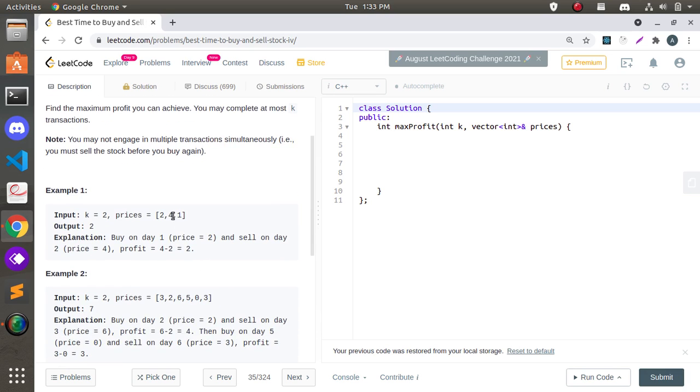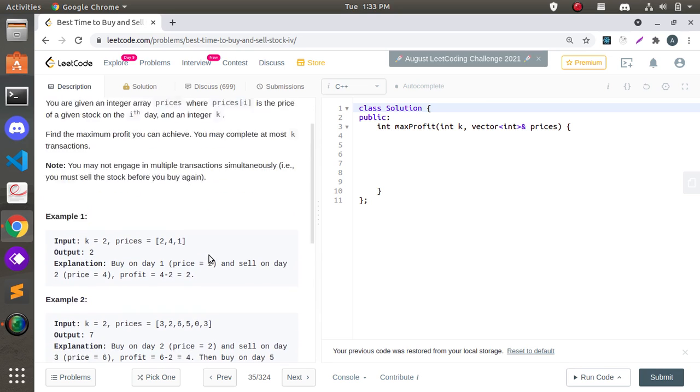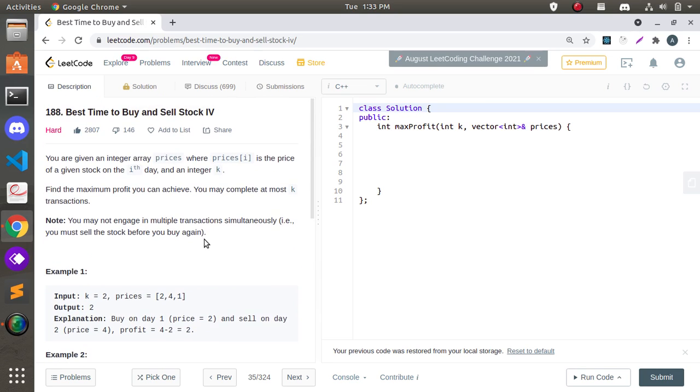Either you sell that stock or you don't sell, so we have two choices. We will solve it as a basic DP problem, and the complexity we will see later.